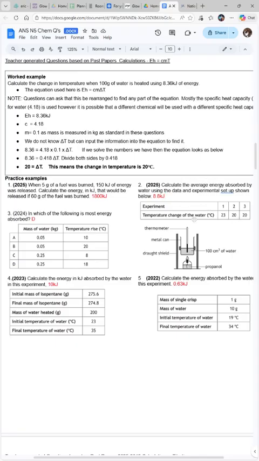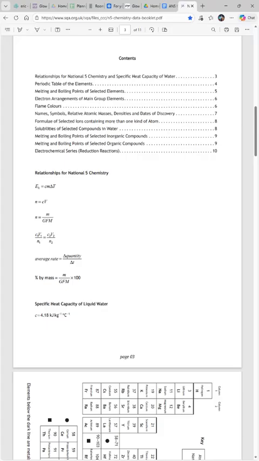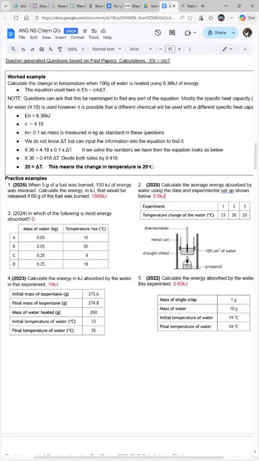So delta T, the change in temperature, is 21 degrees C. It looks like it's 0.1 kilograms of water, so it's 21 times 0.1, which is 2.1, multiplied by our specific heat capacity. They've told us we are using water, so we multiply 2.1 by 4.18, and you end up with 8.8 kilojoules.